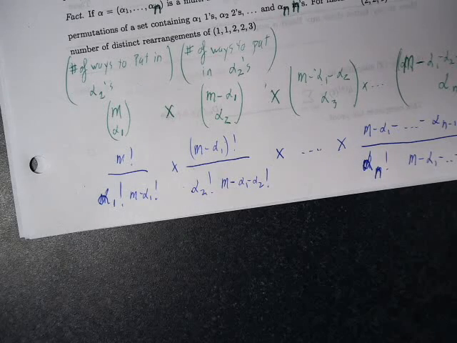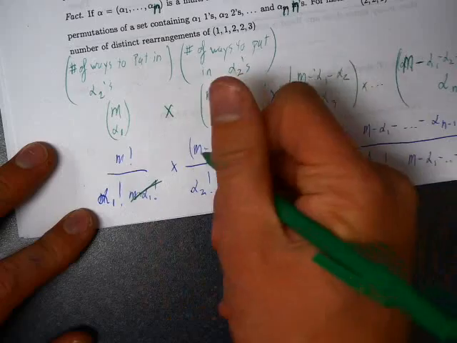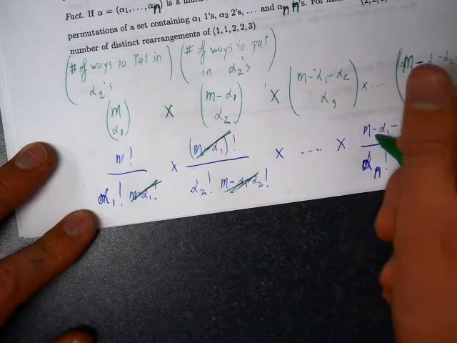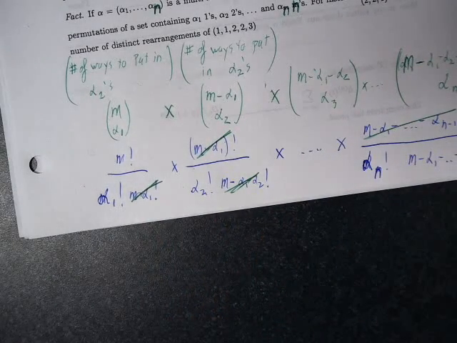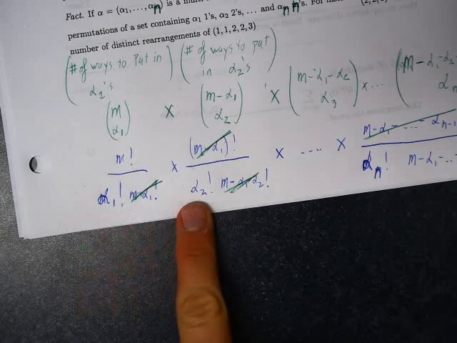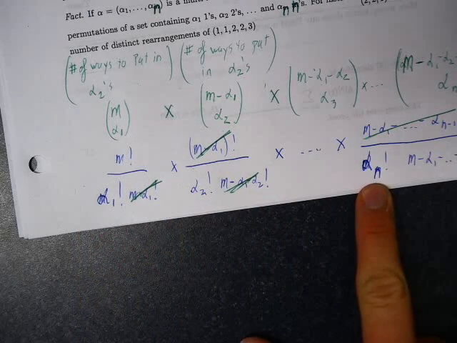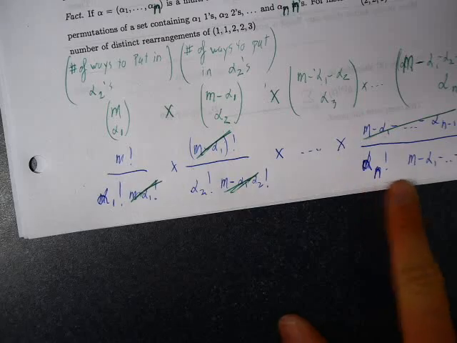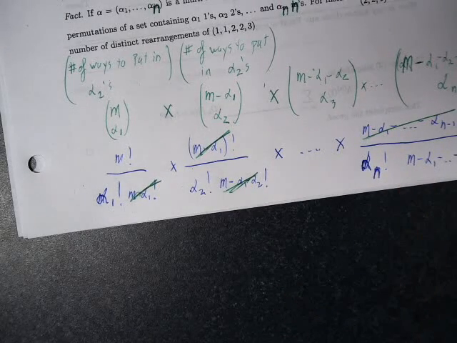Do you notice that some things are going to cancel? It looks like all of these will cancel with all of those. And so you're left with m factorial over alpha 1 factorial, alpha 2 factorial, alpha 3 factorial, all the way on to alpha n factorial. And then you have an extra m minus alpha 1 minus alpha 2 minus alpha 3 minus dot dot dot minus alpha n factorial.